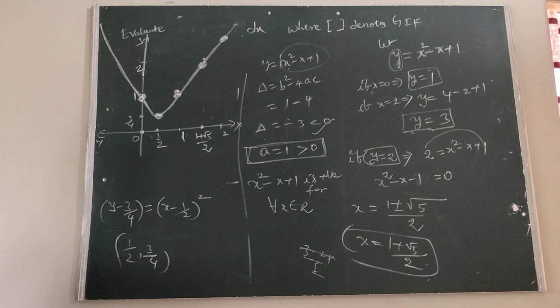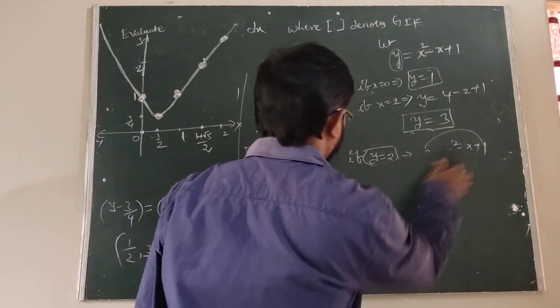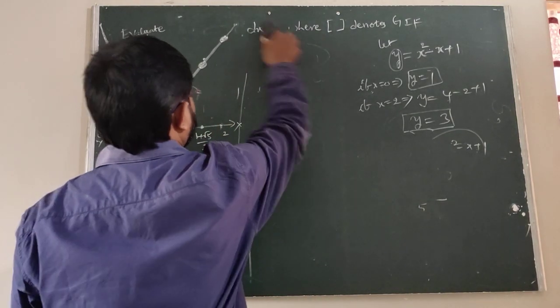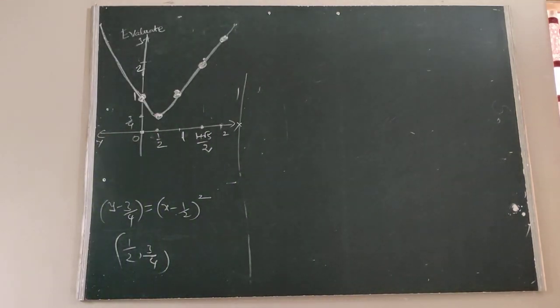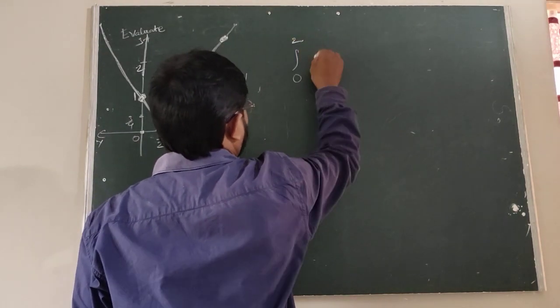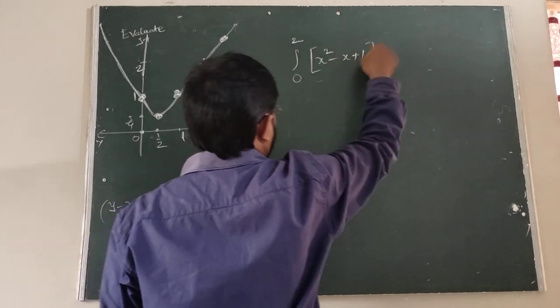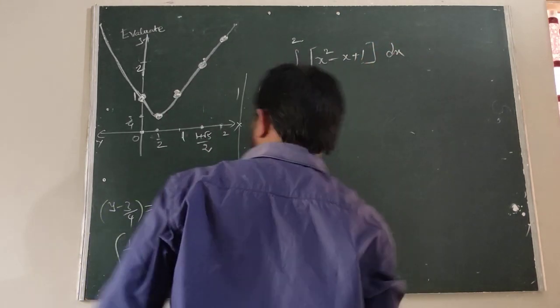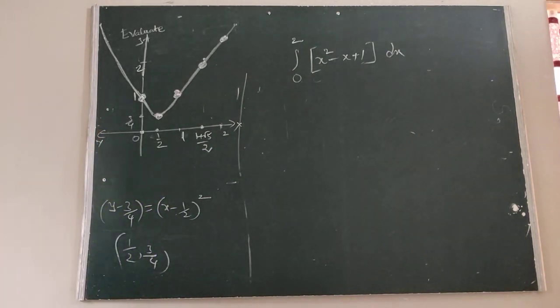So now we are looking to find the integral from 0 to 2 of the step of x square minus x plus 1 dx, where step denotes the greatest integer function, that is the greatest integer of x square minus x plus 1.